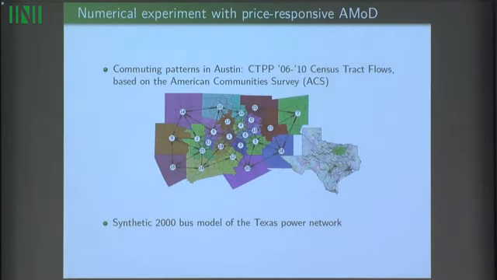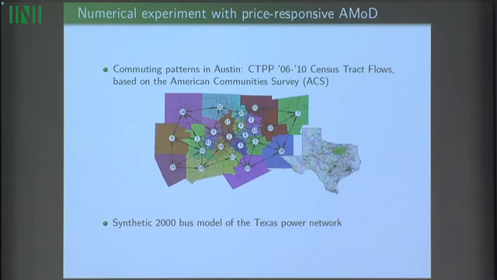I'm going to show you one numerical experiment, which is rather controversial. We're going to use the commute patterns in the city of Austin from real data. We're going to replace 20% of it with demand that is served through a fleet of autonomous mobility on demand vehicles.